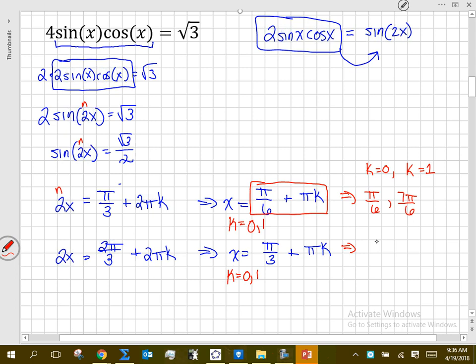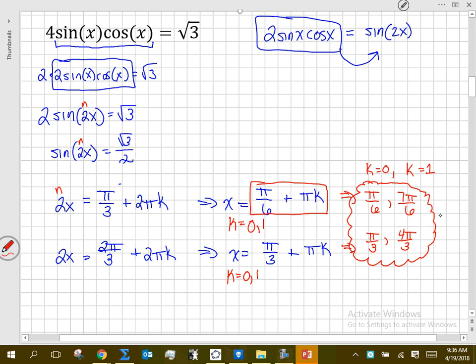Doing the same thing down here, when k is 0, we get pi over 3. And if k is 1, we get pi over 3 plus pi, which is 4 pi over 3. Those are your 4 initial solutions between 0 and 2 pi.